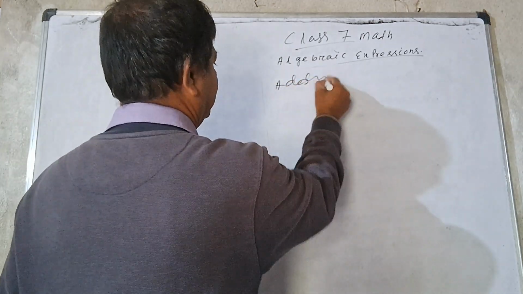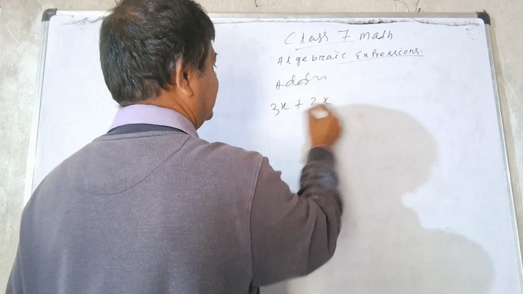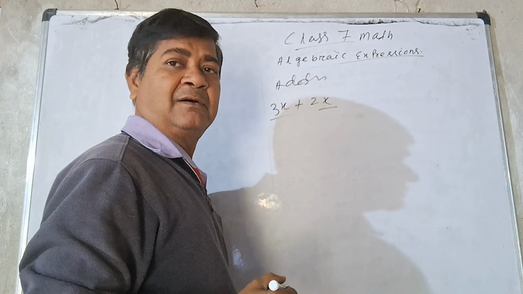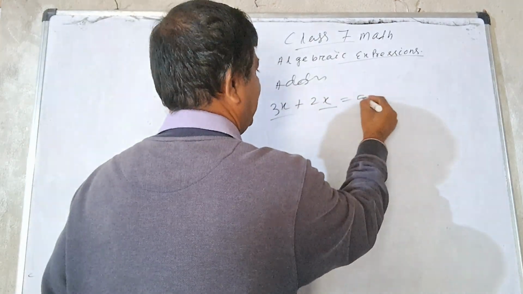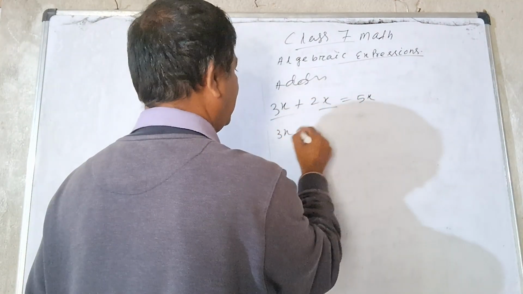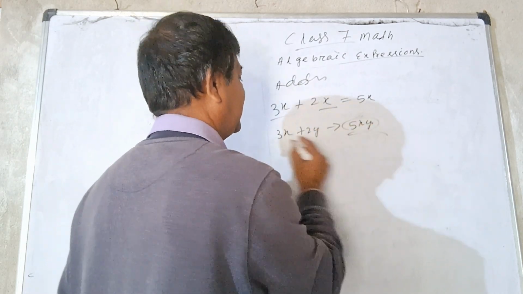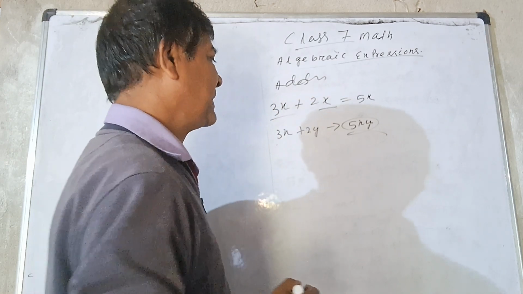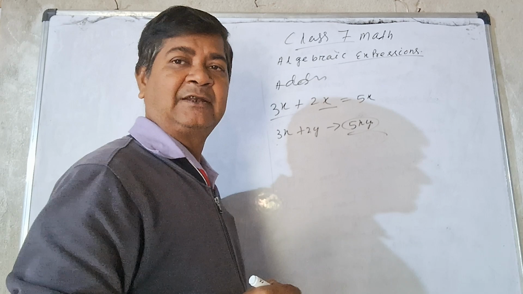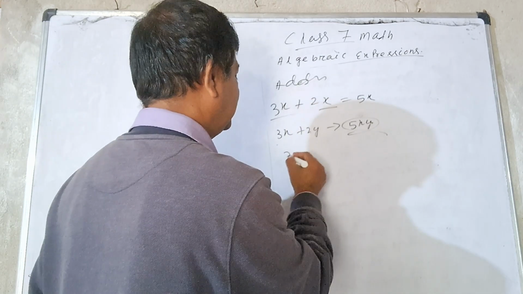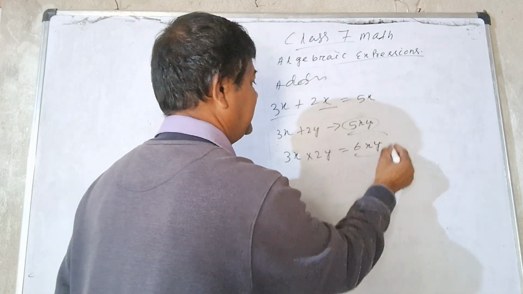You can add only like terms. 3x plus 2x, the answer will be 5x. But 3x plus 2y, you will not write 5x or 5xy. If they are like terms you can multiply: 3x into 2y, you will write 6xy.